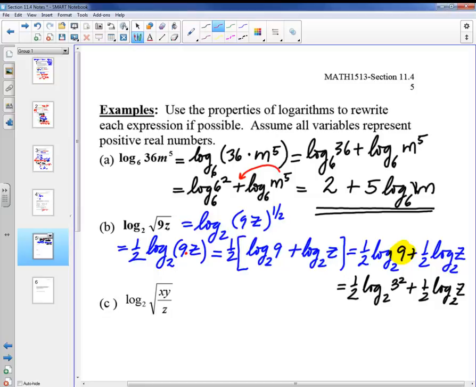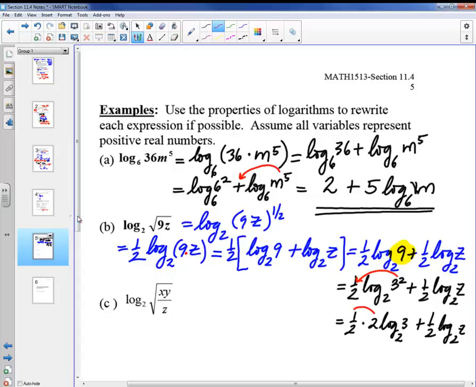Then I'm going to take the 2 in front, and 1/2 times 2, they're going to cancel out. Then the 1/2 and the 2 are going to cancel out.